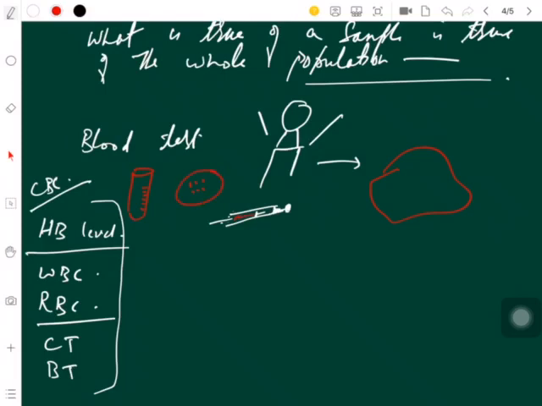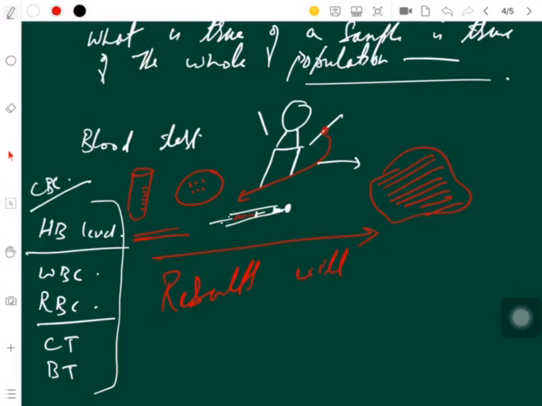A sample from the whole lot of blood in your body will be taken, and that sample will be evaluated. What is true of that sample will be true of the whole blood, and the results will be declared.